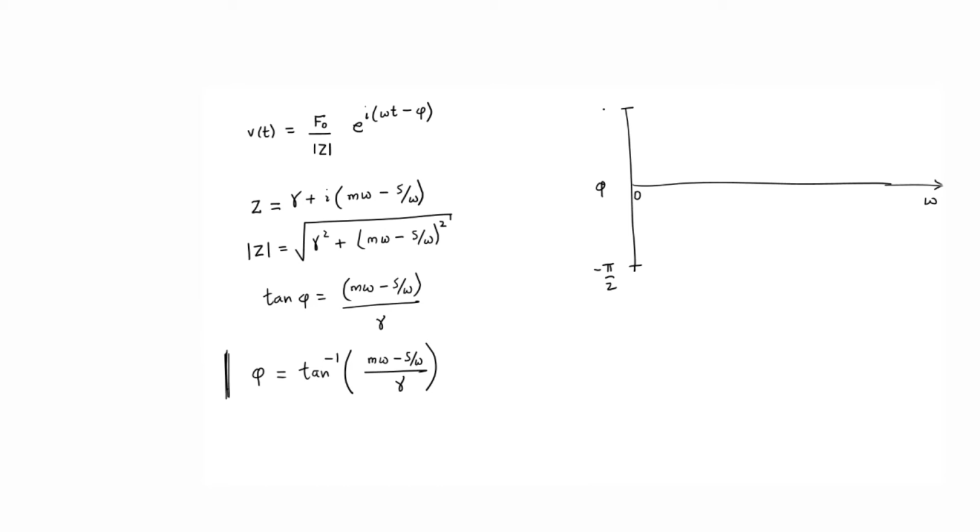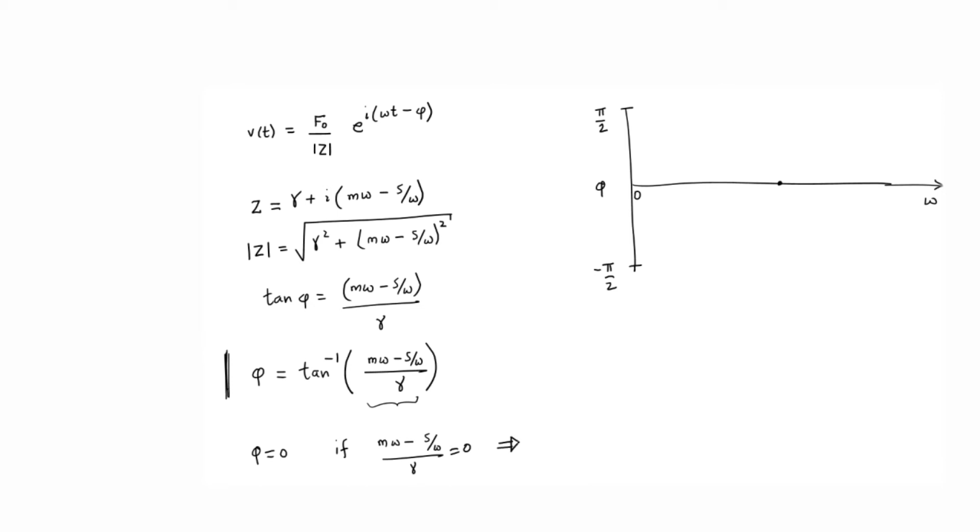So, this goes from minus pi by 2 to plus pi by 2, and somewhere in between, when the quantity inside this bracket is equal to 0, phi would be equal to 0. That would happen somewhere here, when m omega minus s by omega divided by gamma is equal to 0.